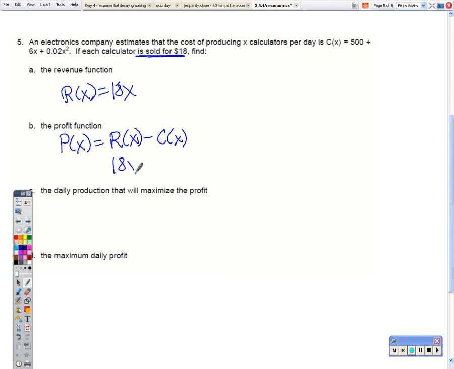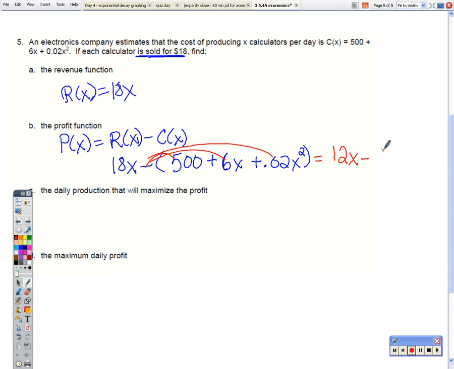So that's 18x minus the entire cost function. This negative needs to be distributed to each piece. And as a final answer, I'm going to get 12x minus 500 minus 0.02x squared.